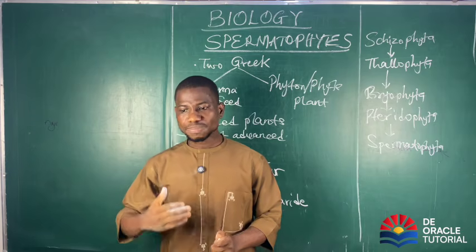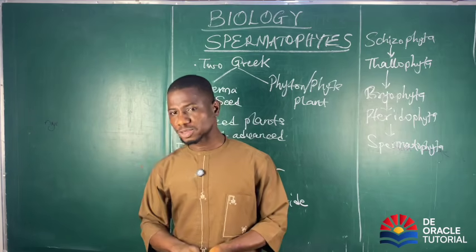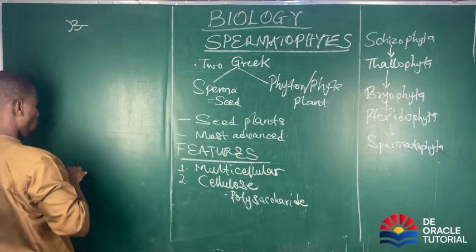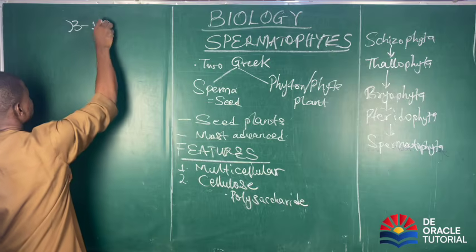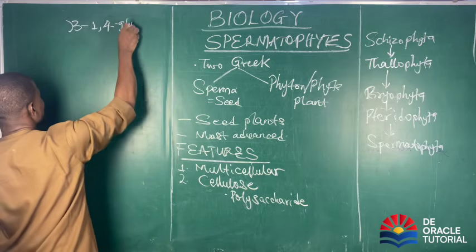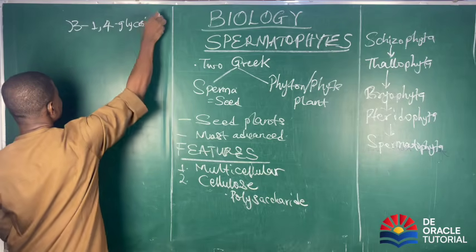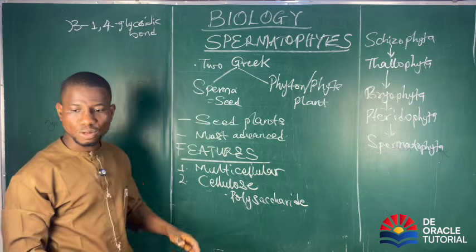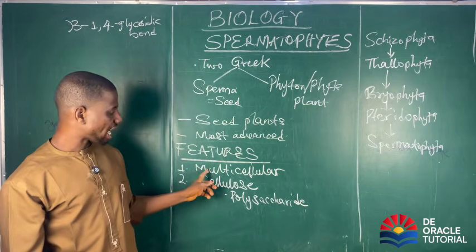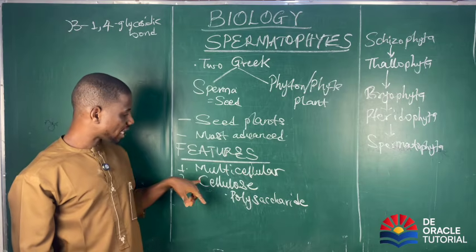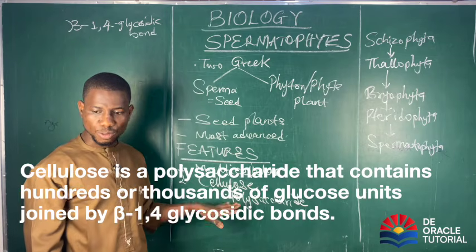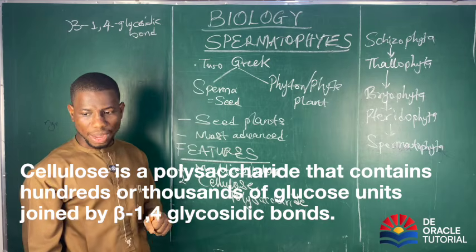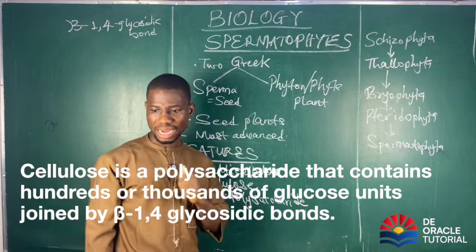So we call it beta 1,4 glycosidic bond. So that is the bond present in cellulose. The first point, they are multicellular. Second point, their cell wall is made of a material called cellulose. And cellulose is a polysaccharide that contains hundreds or thousands of glucose, which are joined by beta 1,4 glycosidic bond.